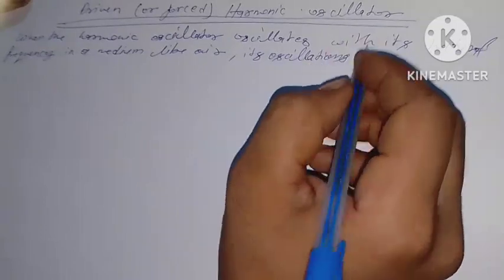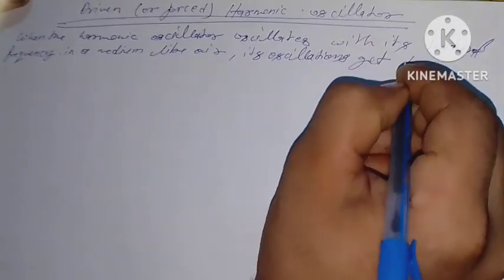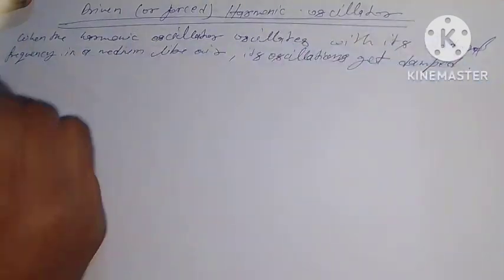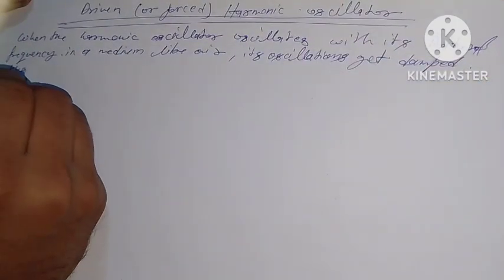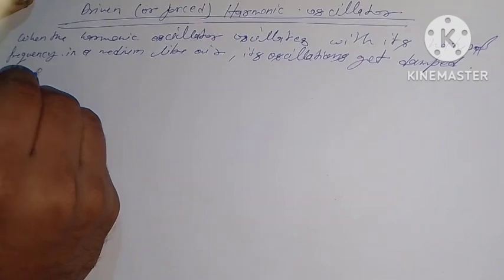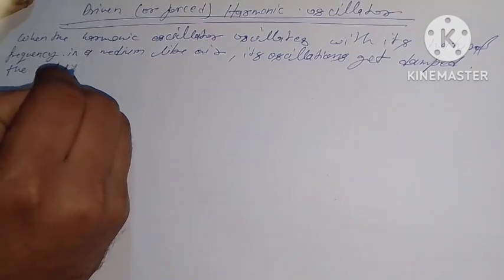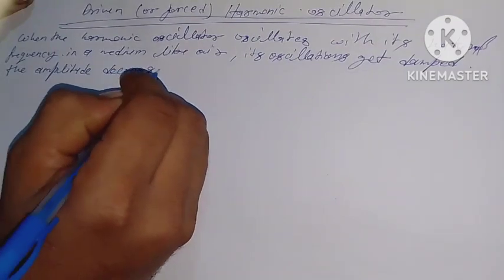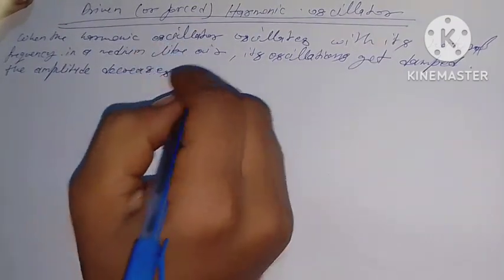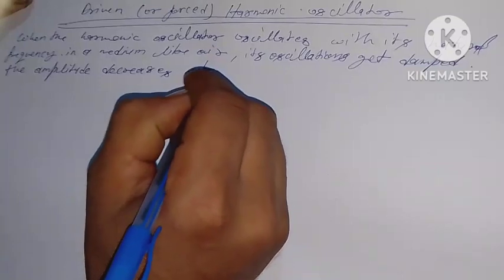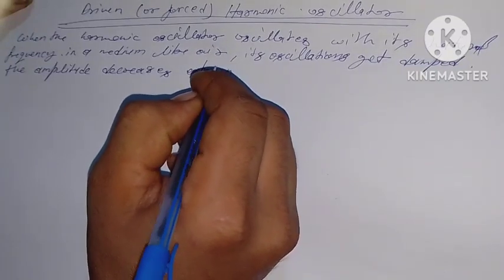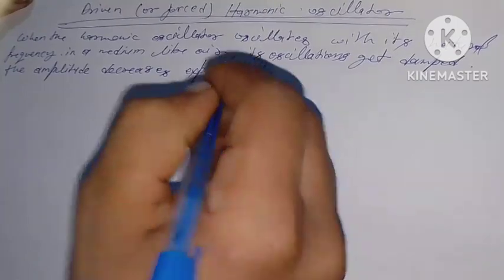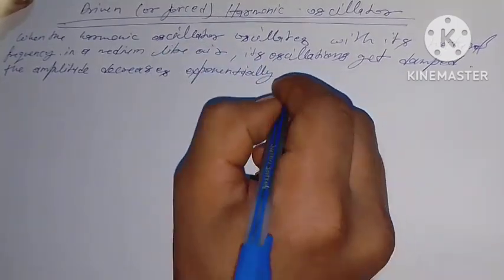Get damped means that the amplitude decreases exponentially with time to zero.